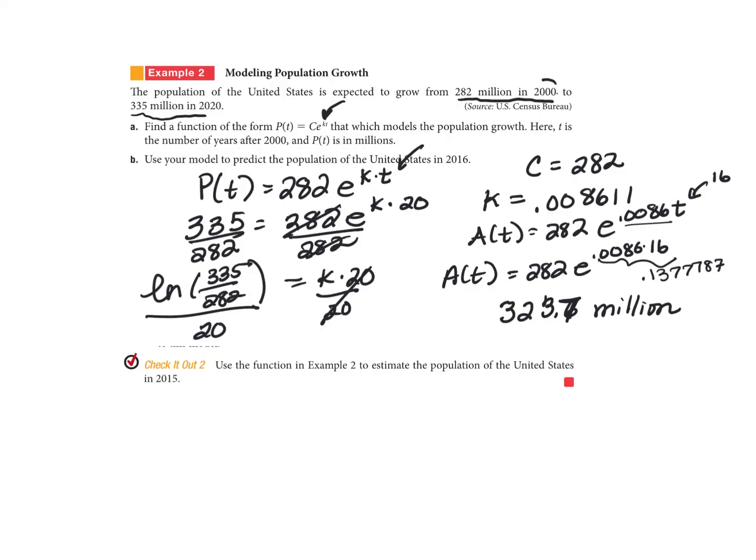All right. Estimate the population in 2015. Same idea. You're just going to take that, put 15 into our model.